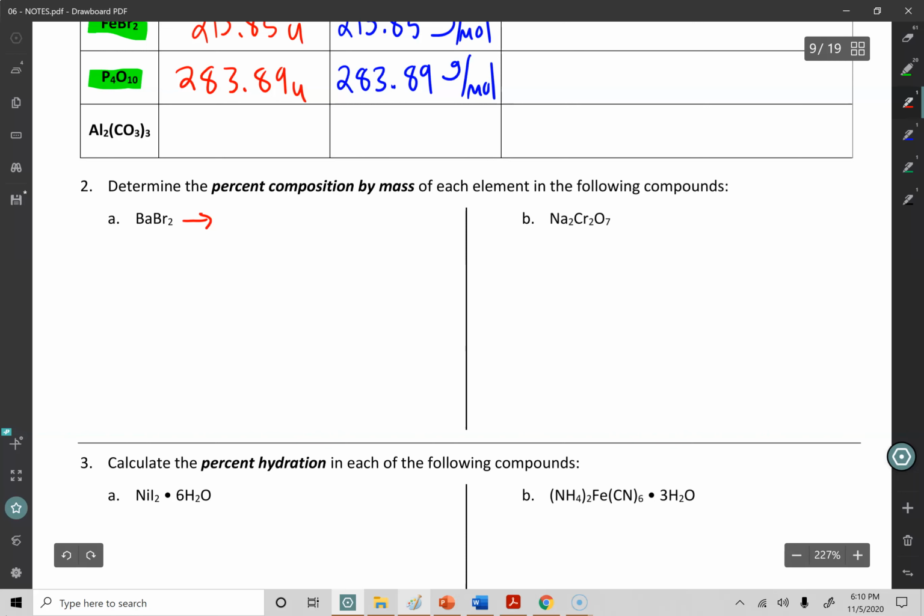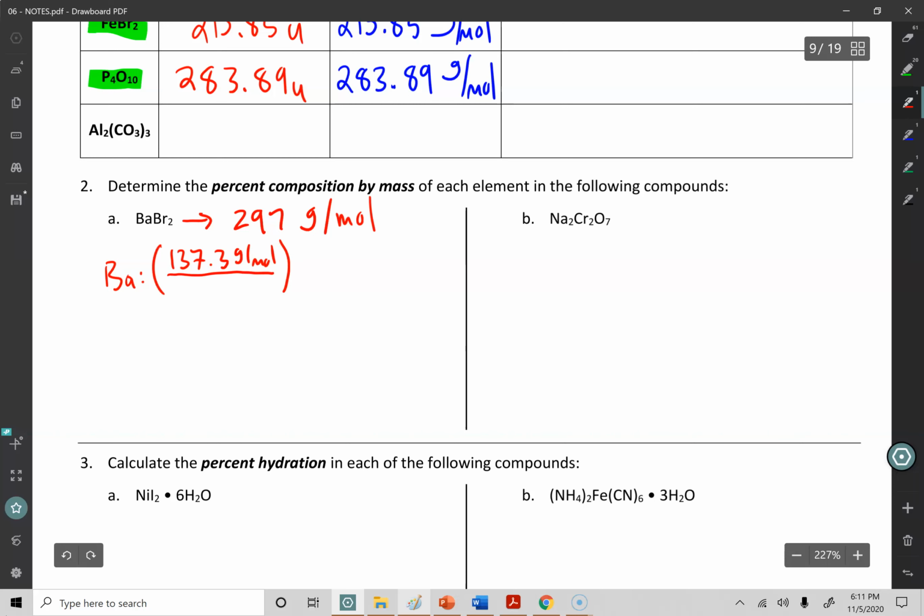To the nearest whole number, I get a molar mass of 297 grams per mole. All right. So if I want to look at barium, I know that barium has a molar mass of 137.3 grams per mole.